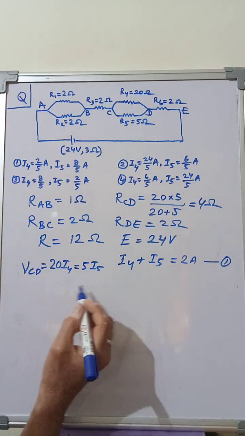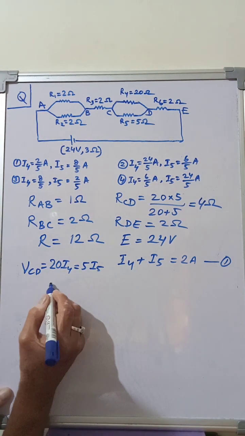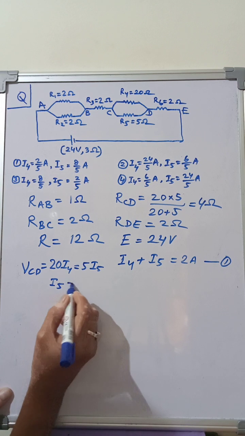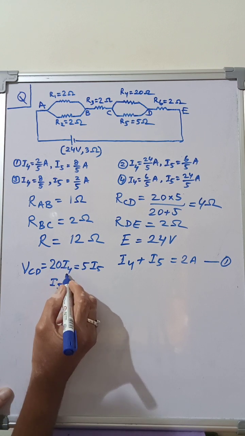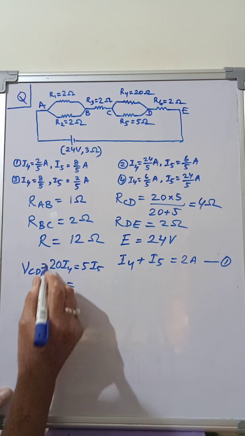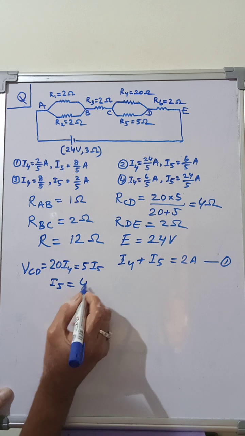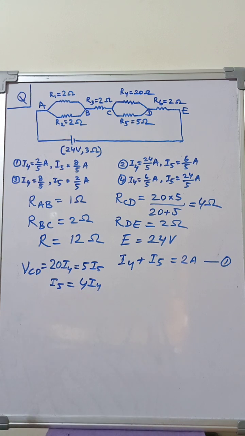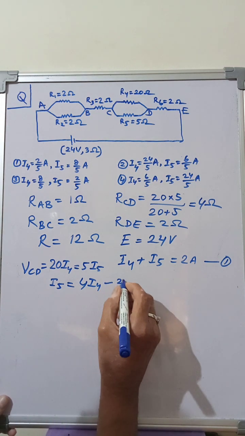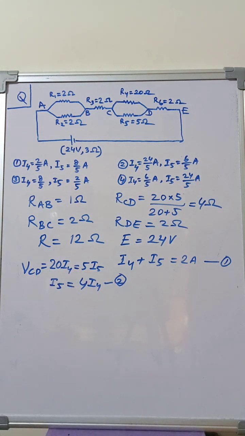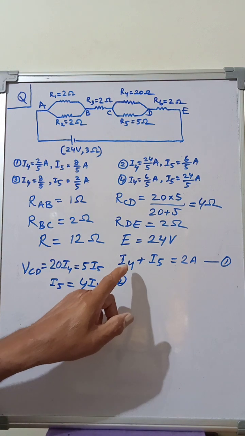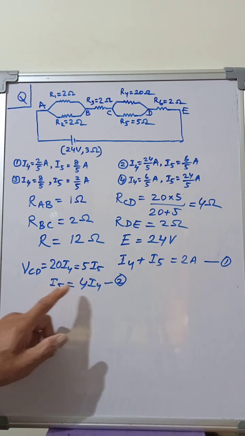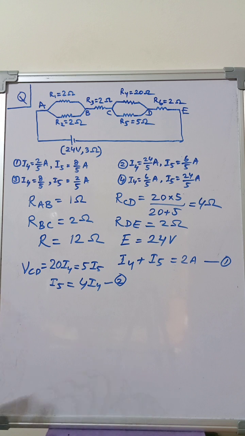Now this simplification gives us I5 is equal to 20 by 5 into I4. That is 20 by 5 is equal to 4, so I5 is equal to 4 I4. We mark this as equation 2. So we have two relations in I4 and I5, equations 1 and 2.